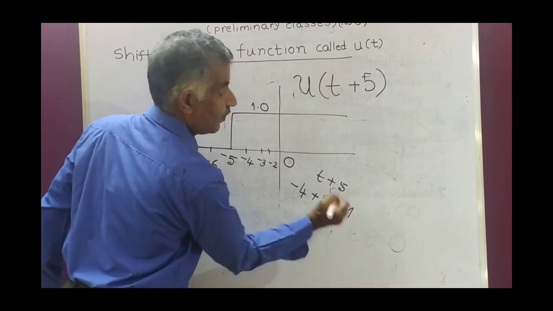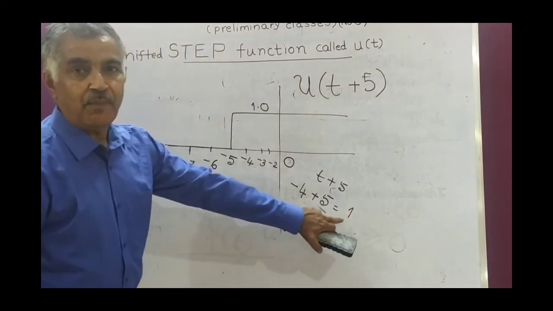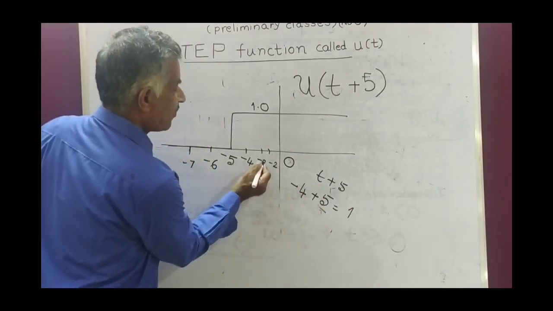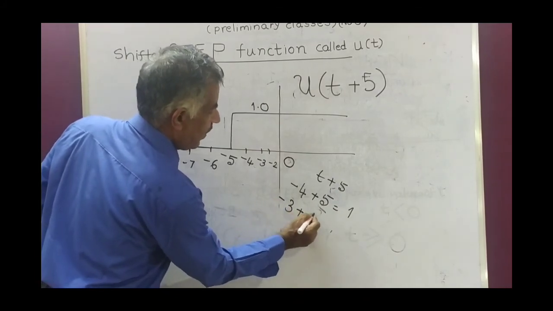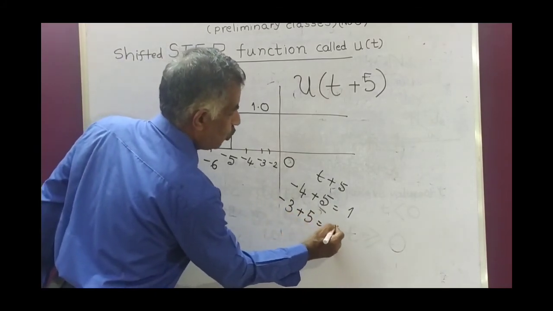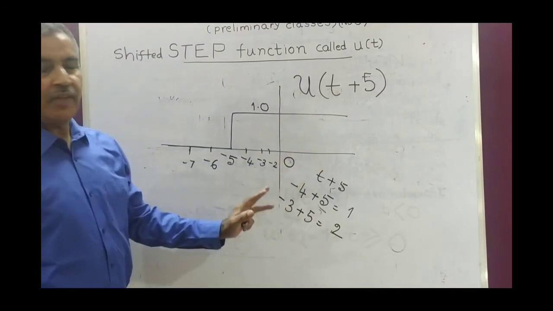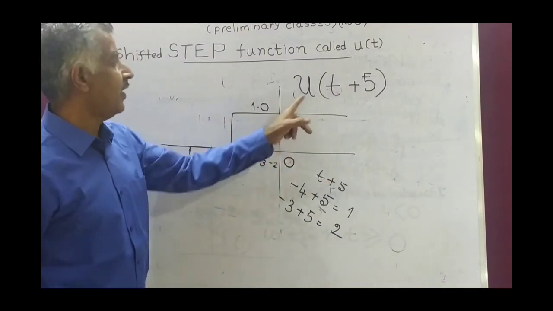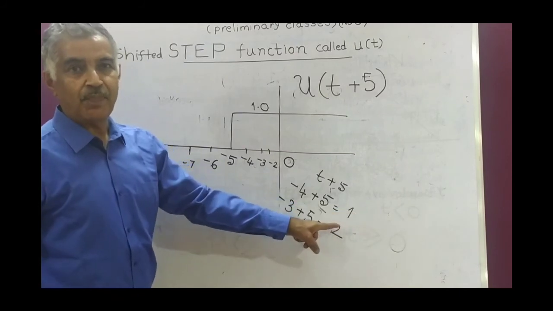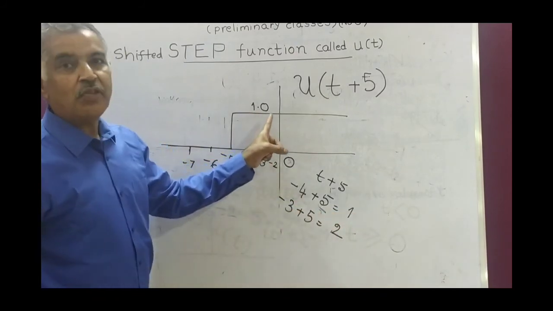That is 1. So it is positive. Next, minus 3. Minus 3 plus 5 becomes 2. So whenever you move this side, if you substitute these values for t, then it becomes positive. That is why its value is 1.